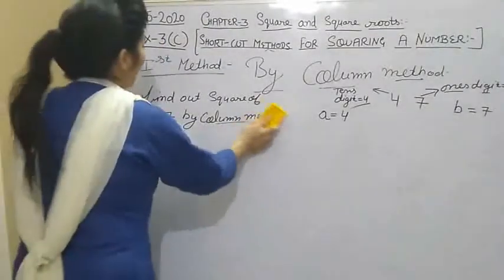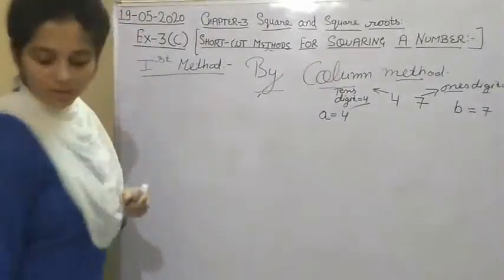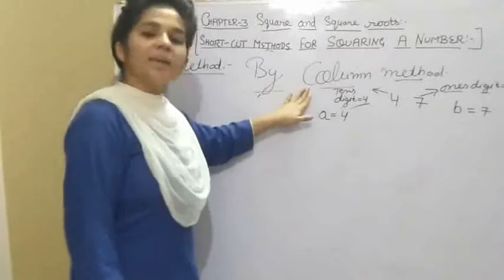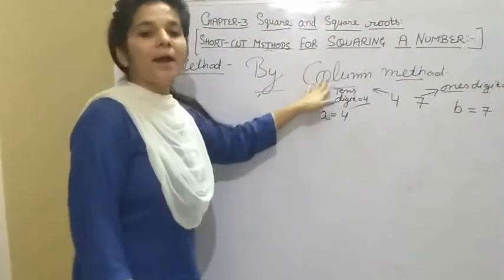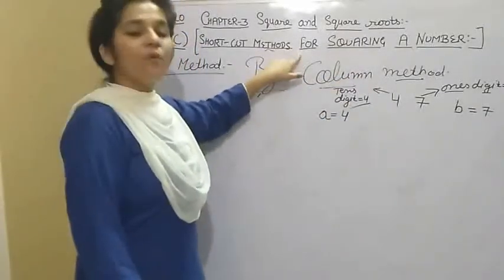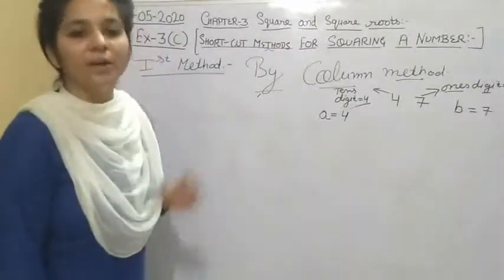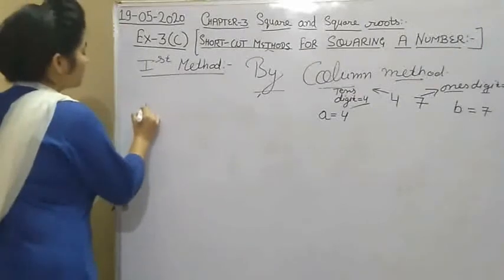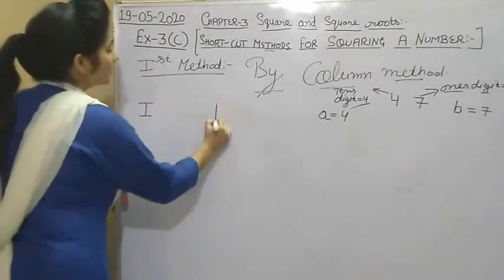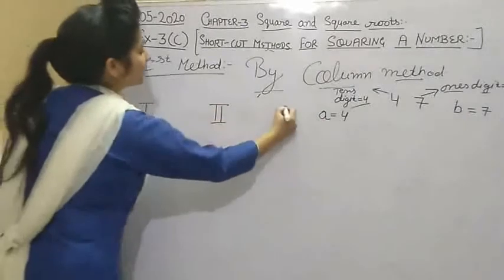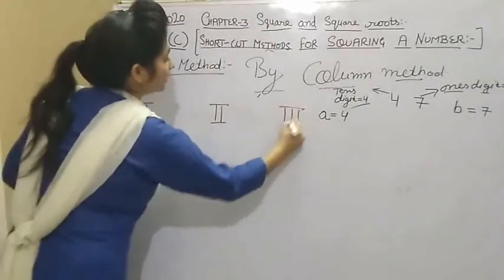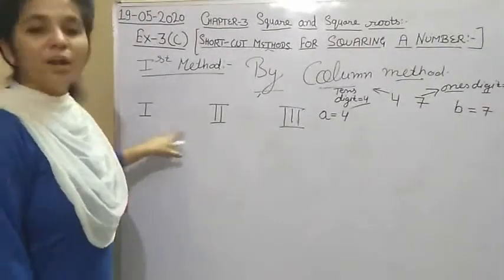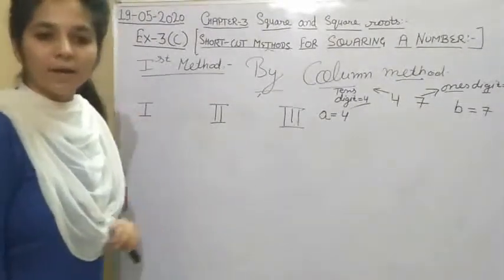Now, as the name suggests, by the column method, जैसे कि हमें name suggest किया गया है by column method for finding the square of the given number, we will make 3 columns: first, second and third. आपने कितने कॉलम बनाने हैं? 3 कॉलम बनाने हैं.